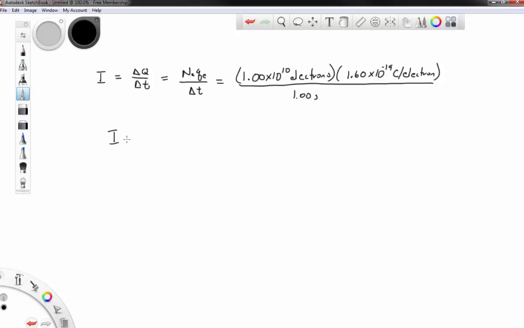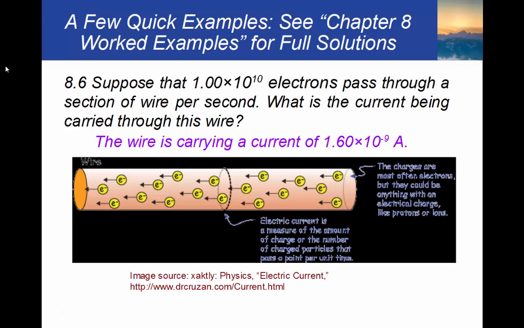So the current is going to be 1.60 times, we have 10 to the plus 10, we have 10 to the minus 19, so 10 minus 19 would be negative 9, and then the units are amps. So that is what the current in this wire is going to be.